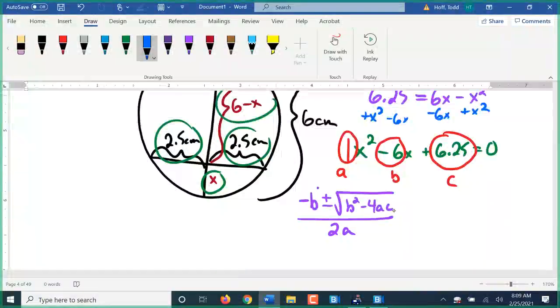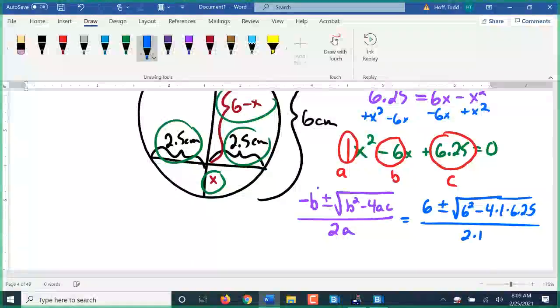So let's plug in. B is a negative 6, so opposite B would be a positive 6, plus or minus the square root of 6 squared minus 4 times A, which is 1, times C, which is 6.25, over 2 times A, which is 1 again, so 2 times 1.